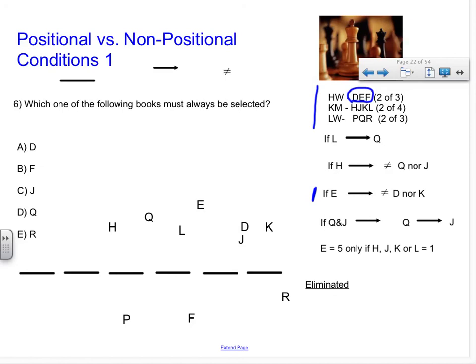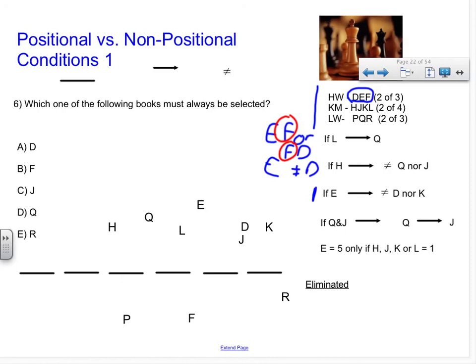And we know that if we pick E, then we can't pick D. But we still need 2 out of the 3, so it would be either E and F, or F and D shown together. In either of these 2 cases, F is selected.